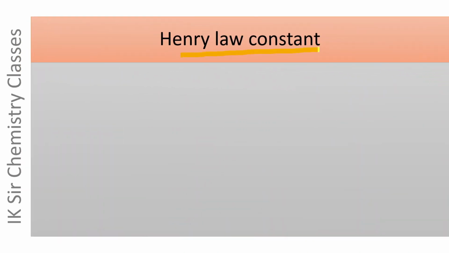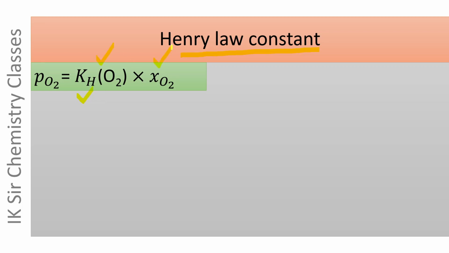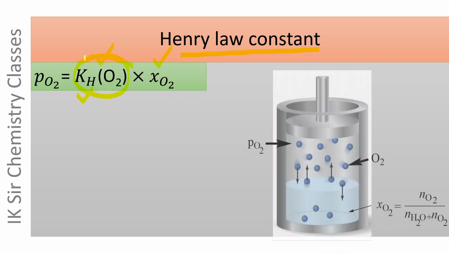Henry law constant. We have already seen this equation. Partial pressure of O2 over the saturated solution of oxygen in water is equal to Henry law constant of O2 multiplied by mole fraction of O2 in the solution. This is constant for oxygen gas at a given temperature.